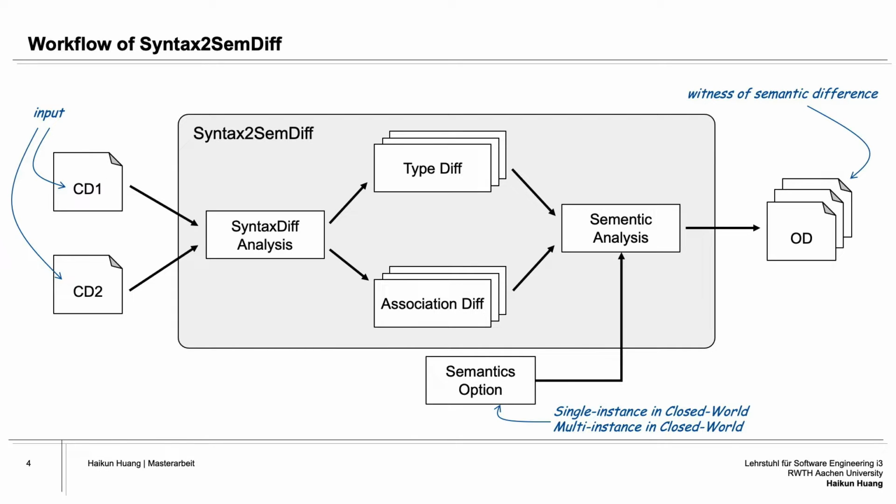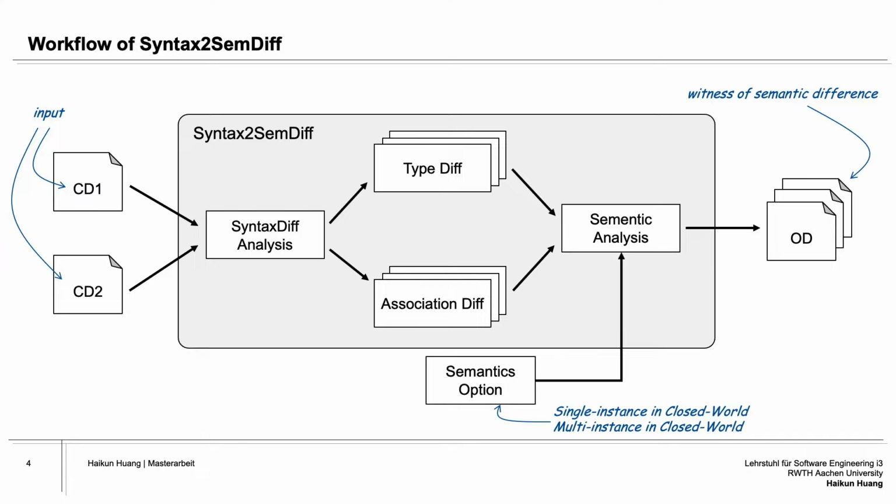As you can see, the graph shows the workflow of syntax to semantic diff. First, we use two class diagrams, CD1 and CD2, as inputs. Then we determine the syntax differences between the two class diagrams using syntax diff analysis. Next, we separate the syntax diff between type and association into type diff and association diff.